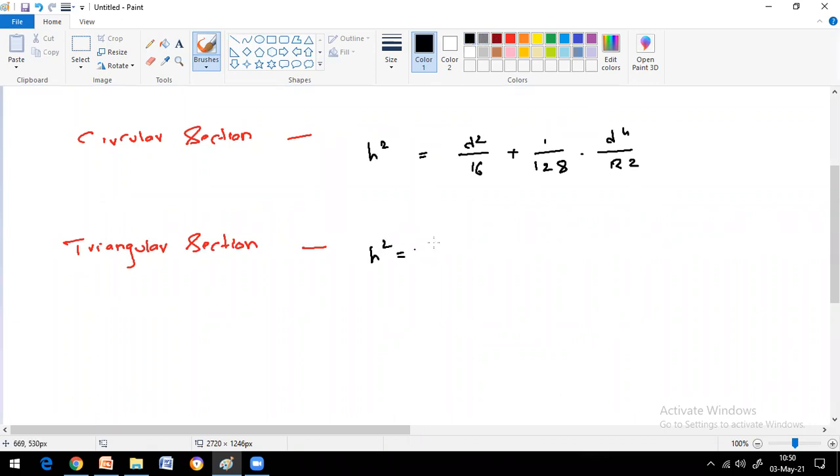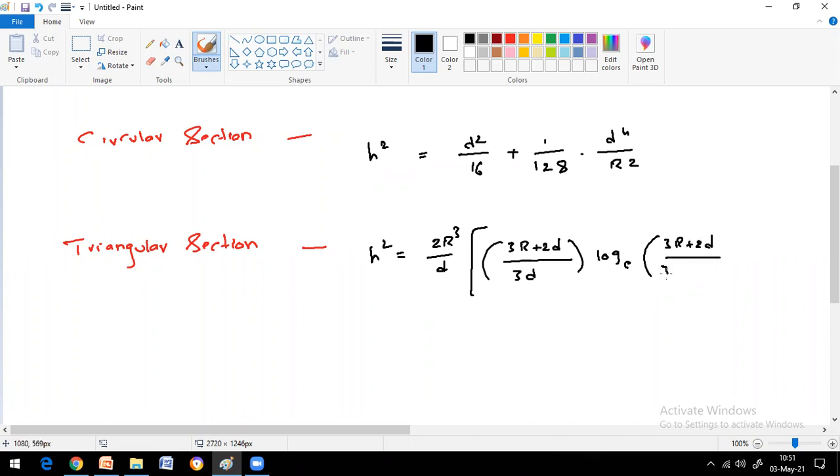Same, h square is equal to 2r cube by d of (3r plus 2d by 3d) log e of (3r plus 2d by 3r minus d) minus 1, minus r square.